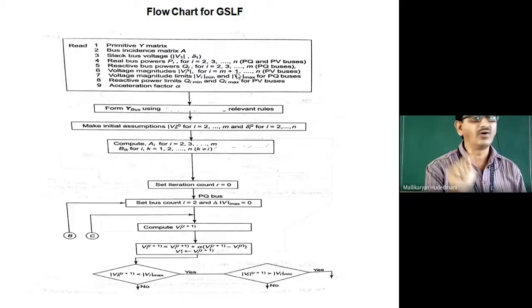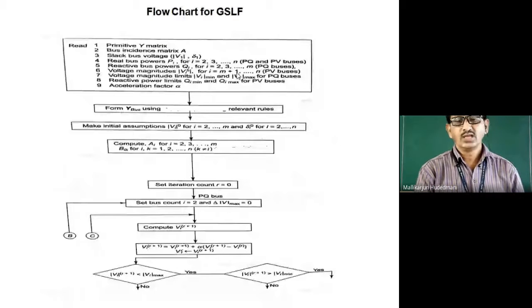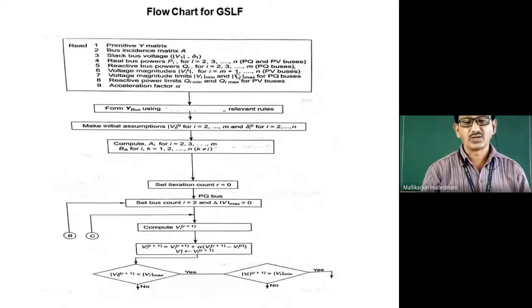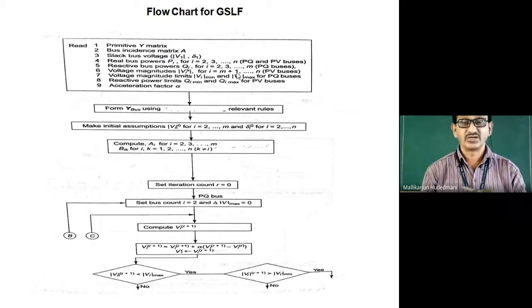Then it becomes one step advanced for your solution. If nothing is stated in the problem and only the keyword flat start is mentioned, then flat start should suggest all the voltages and angles be considered as 1 angle 0.